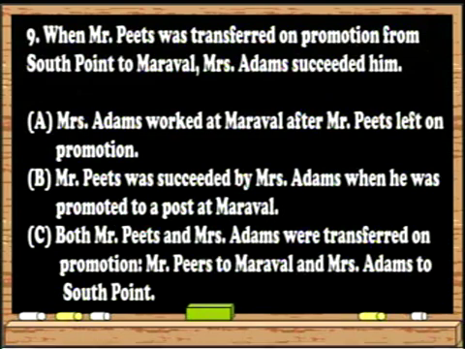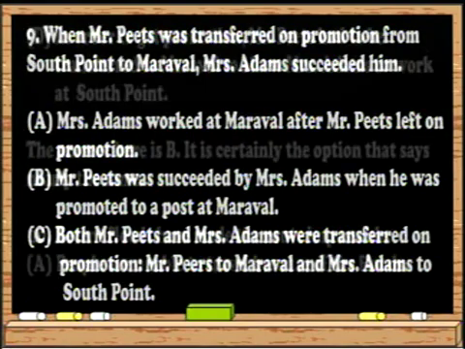And that's the original sentence. Here are the options. Mrs. Adams worked at Marvel after Mr. Peets left on promotion. Mr. Peets was succeeded by Mrs. Adams when he was promoted to a post at Marvel. Both Mr. Peets and Mrs. Adams were transferred on promotion, Mr. Peets to Marvel and Mrs. Adams to South Point.